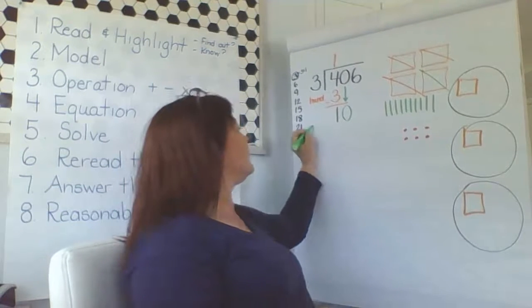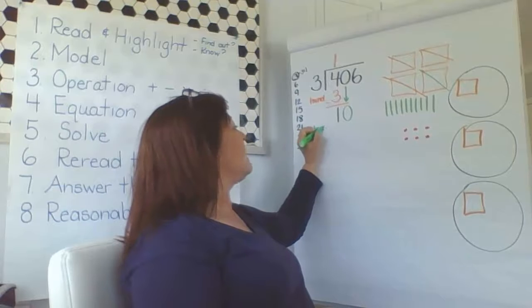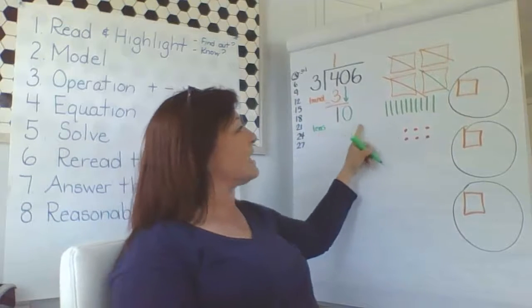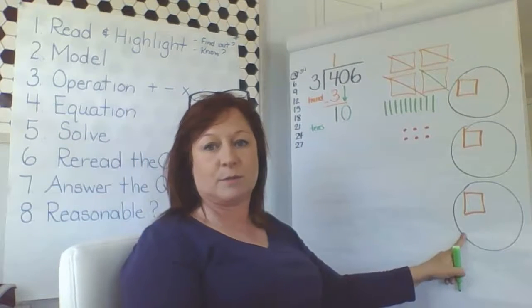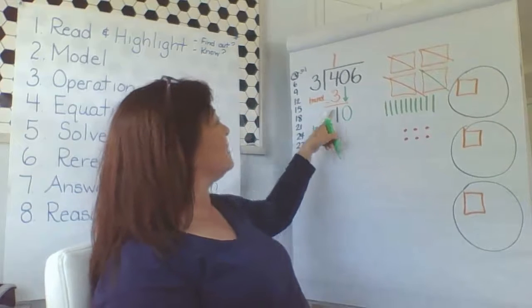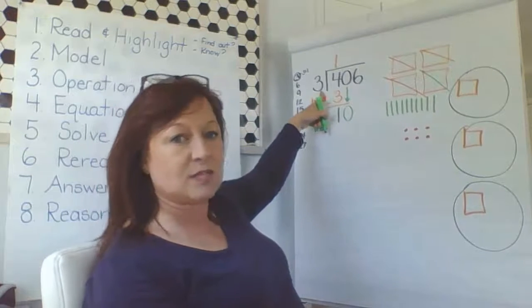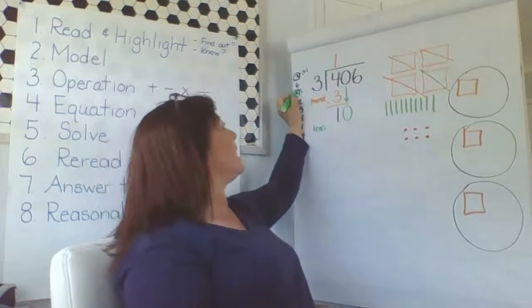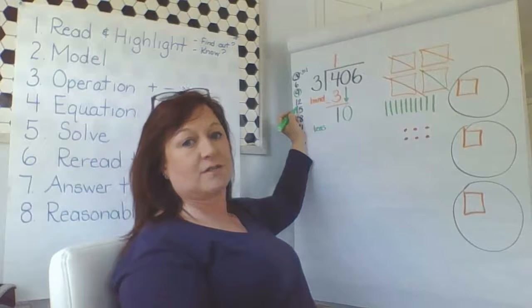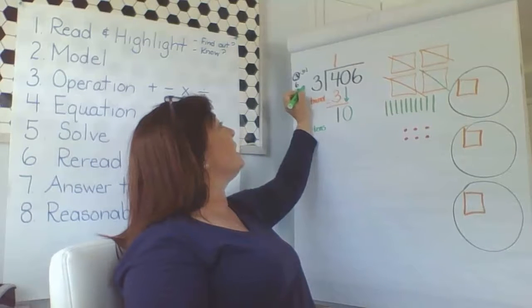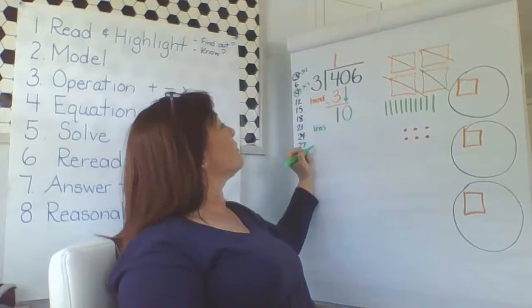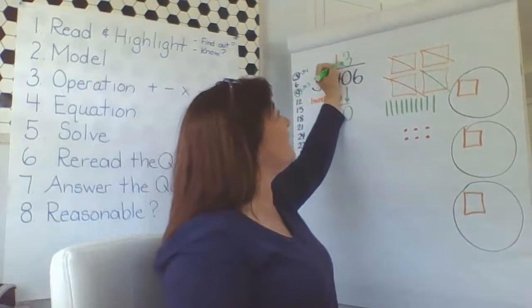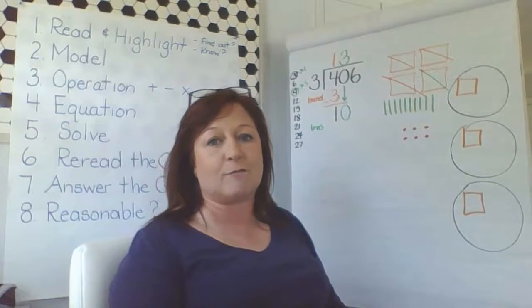So here are my tens. And how many of my tens can I put into my 3 groups? Well, 10 divided by 3, the closest we can get is 9. And the factors of 9 are 3 times 3. So that means I can put 3 tens into each of my groups.